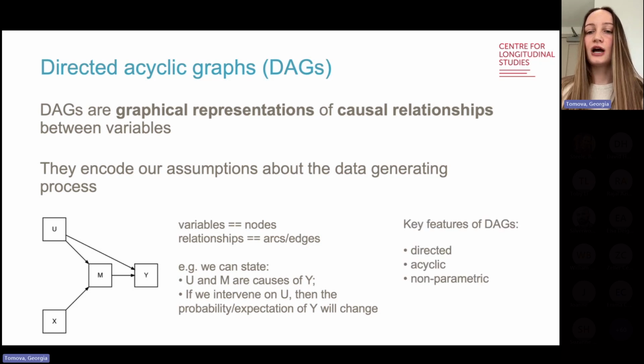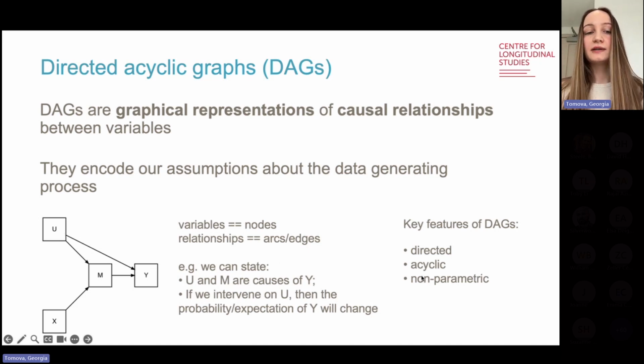DAGs have certain key features. In their name, you see that they're directed and acyclic. Directed means that the relationships represented by the arcs are directed over time, because causality is also directed over time. So we cannot have bidirectional relationships in DAGs. Acyclic means that if we start from a variable like U and follow the path, we can never arrive back at the same variable, so we cannot do a full cycle.